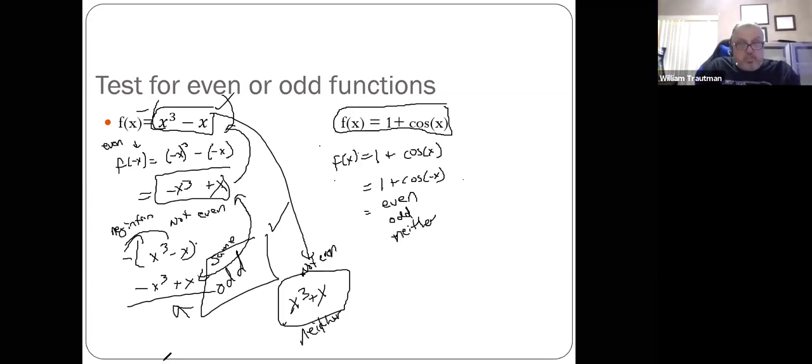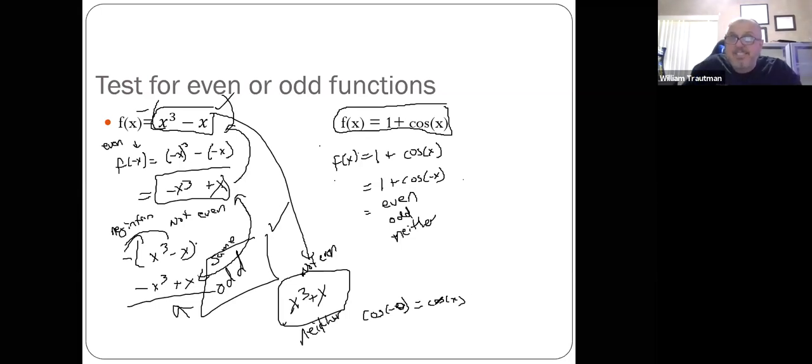It actually shows you this: cosine of negative theta or negative x is the same thing as cosine of x. In other words, the cosine of negative pi over 2 is the same thing as the cosine of pi over 2.